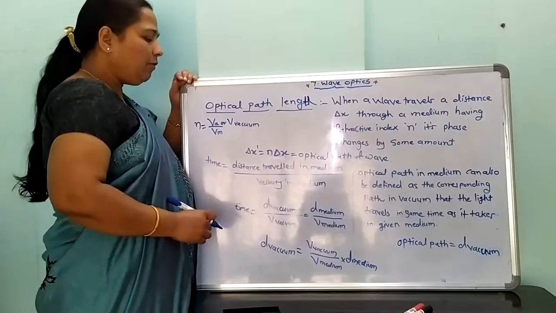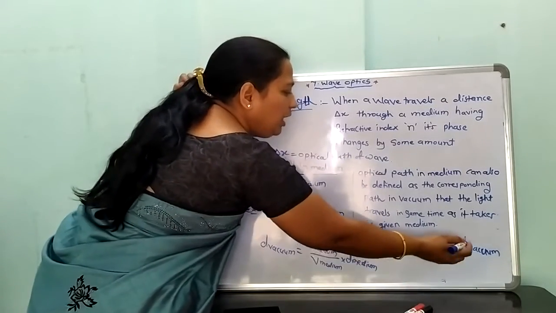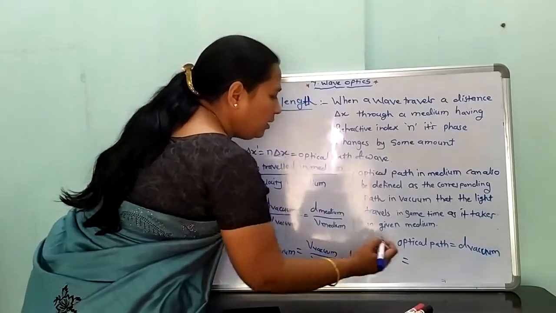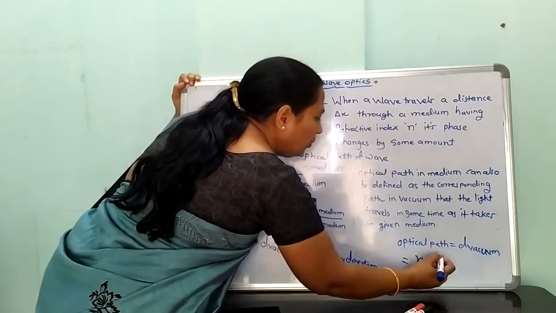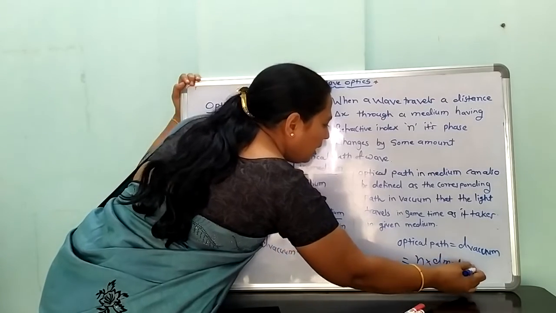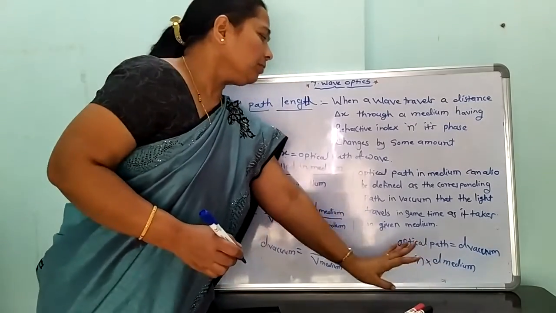Therefore, d vacuum, the distance of the optical path, which is the distance covered in vacuum, is equal to n into d medium, the distance covered in any medium.